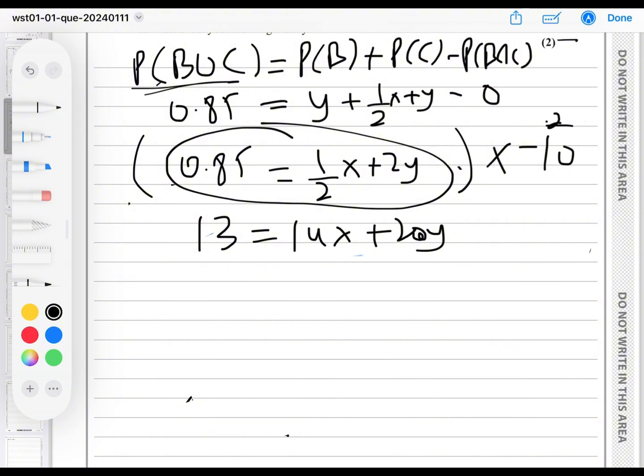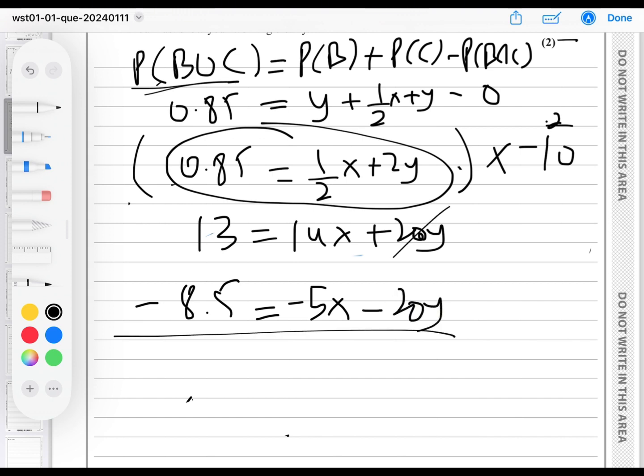So multiplying this by minus 10, the first equation will become minus 8.5 minus 5x and minus 20y, which cancel down, and 14 minus 5 is 9x, and then I have 13 minus 8.5, which is 4.5.